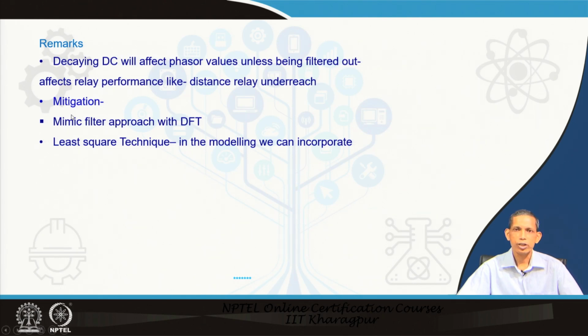To mitigate such things, we have the mimic filter, both analog and digital, and if you use DFT, then decaying DC can be eliminated. The cosine filter also inherently suppresses the decaying DC component, which we have talked about earlier. In the least square technique, with proper modeling, we can overcome the decaying DC component.